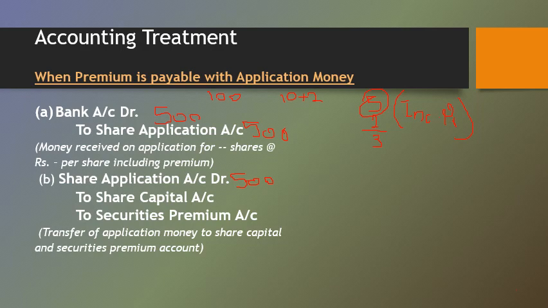The real application money is rupees 3 only, and that we can transfer to the share capital. So 3 into 100, rupees 300, will be transferred to the share capital, and the remaining 200 is premium, which should be transferred to the security premium account. So this is how we record issue of shares at premium when the premium is collected along with the application.